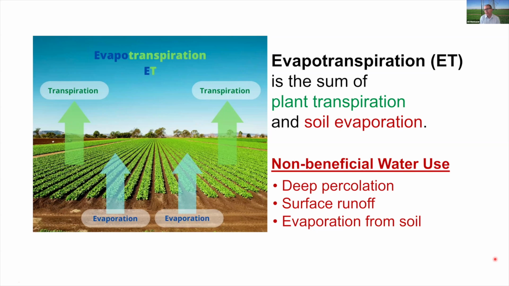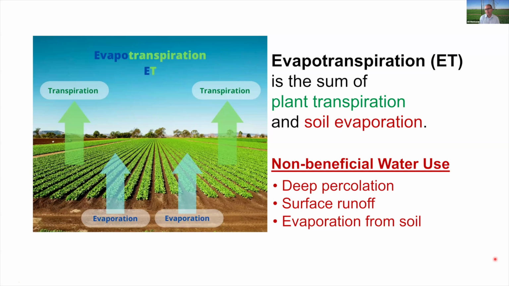So plant evapotranspiration is a beneficial water use. It directly has a relationship with the yield, quality, and quantity. But soil evaporation is a non-beneficial water use. It's something like deep percolation or surface runoff.